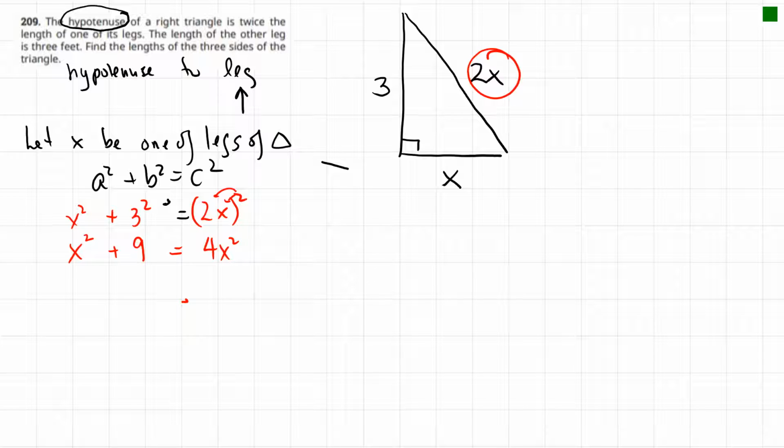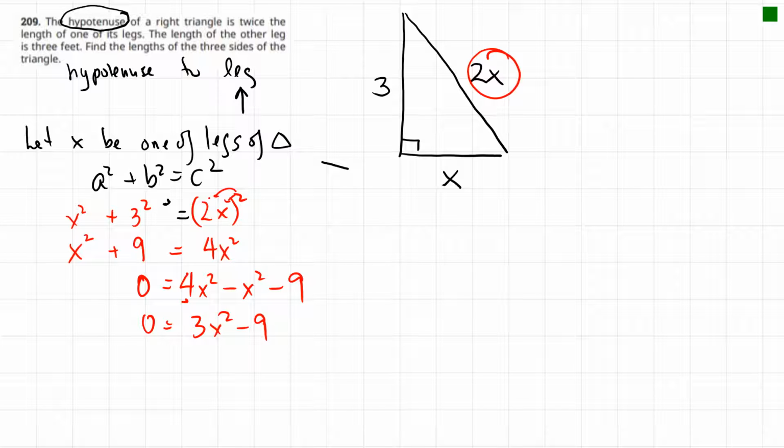Next step is I'm going to realize, hey, that's a quadratic equation because of the squares. So I'm going to collect everything on one side, and I'm going to get 0 equals 4x squared minus x squared minus 9, which is 3x squared minus 9.